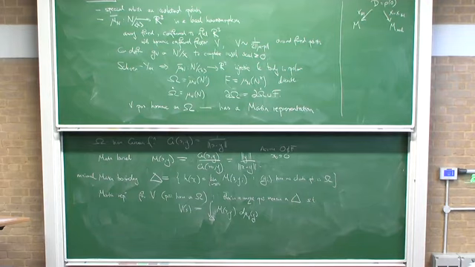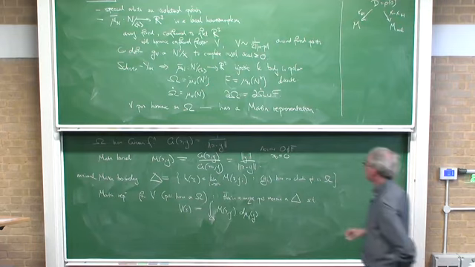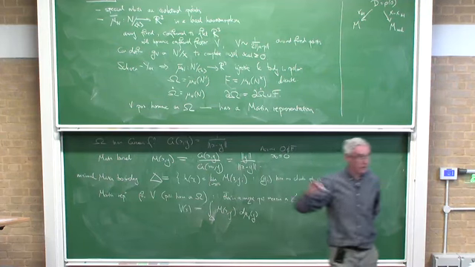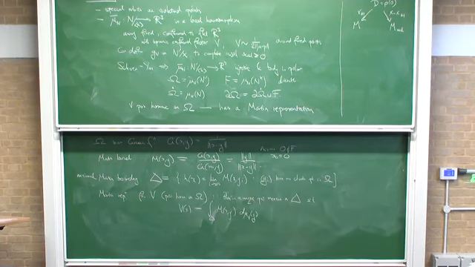So every positive harmonic function is writable this way. You can generate positive harmonic functions this way as well. If I take any Borel subset of delta, then I can generate a positive harmonic function.